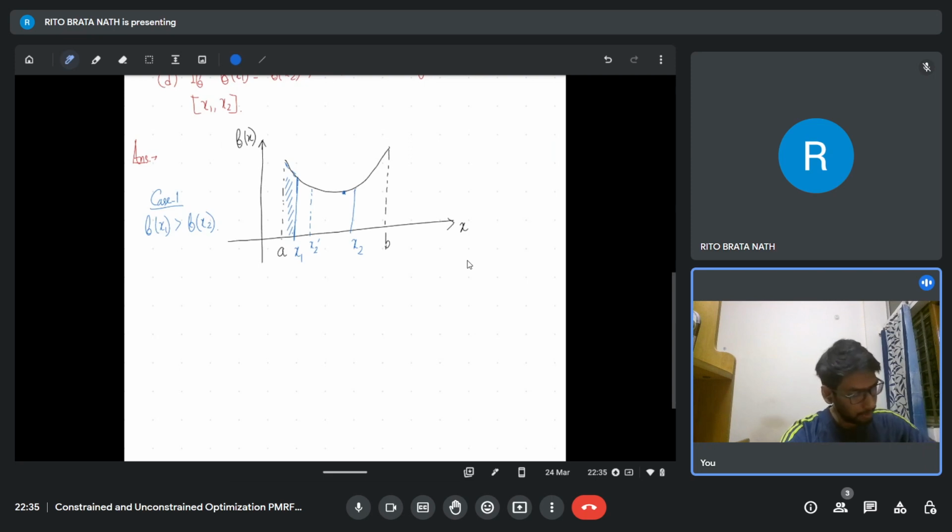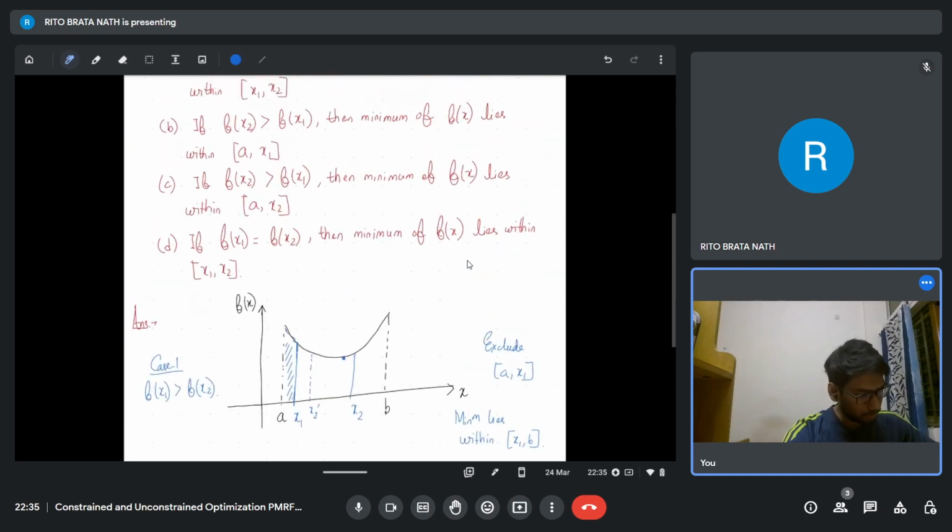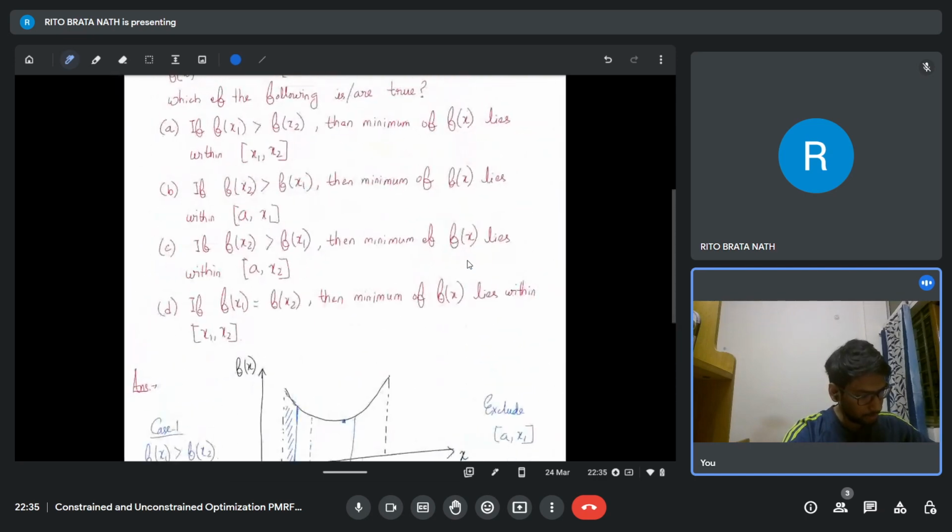So in this case you can exclude a, x1 and the minimum lies within x1 to b. Let me check if any option matches. The first option is not true then, because that's the only condition.